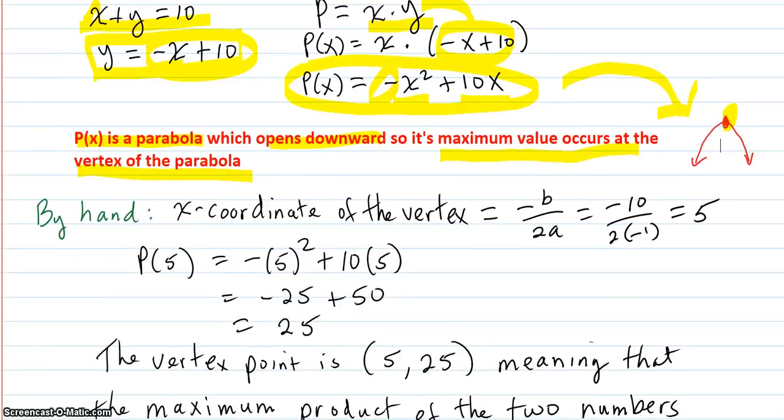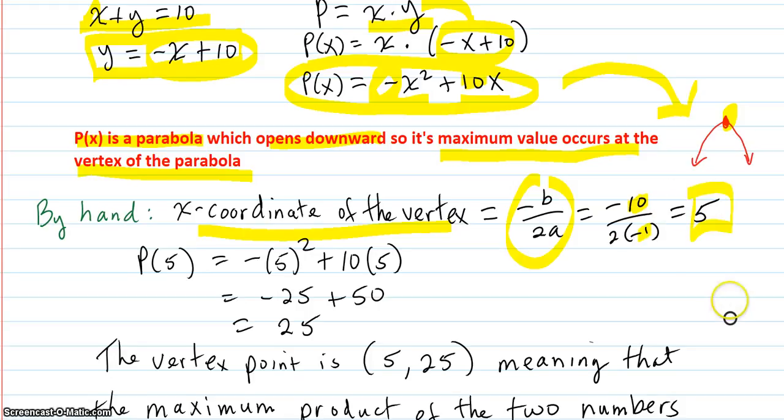So doing it by hand, the x-coordinate of the vertex follows the vertex formula, and we have right here that b is 10, and a is negative 1, so that divides to be 5.